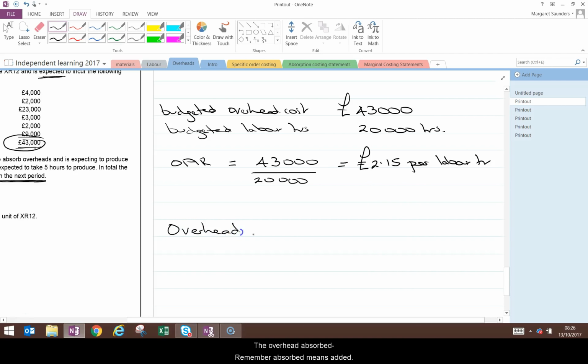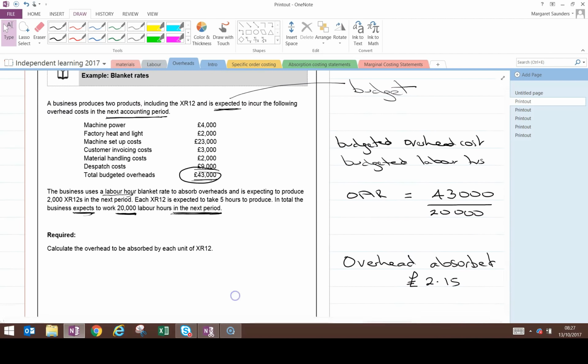So the overhead absorbed, and remember absorbed means added, so how much overhead are we going to add to the prime cost of our product? Well, we know that the overheads are £2.15 per labour hour, and how many labour hours does a product take to produce? Well, if we go back to the example, each XR12 is expected to take 5 hours.